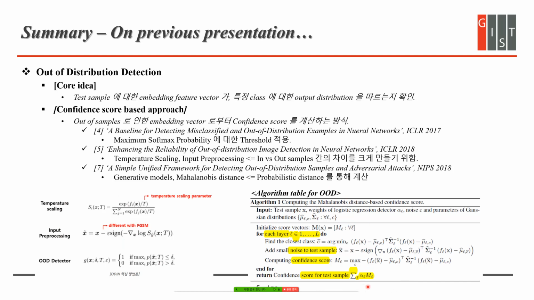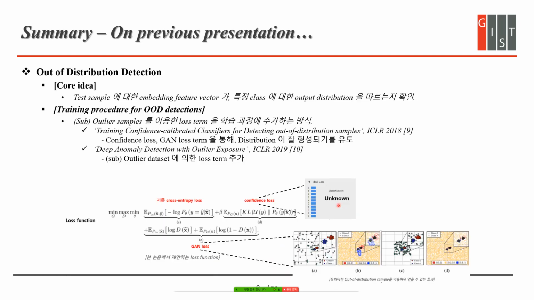And the third paper talks about the Mahalanobis distance, which does not use the Euclidean distance. By calculating the Mahalanobis distance between the distributions, we can find outlier samples more exactly. This is the confidence score based approach.